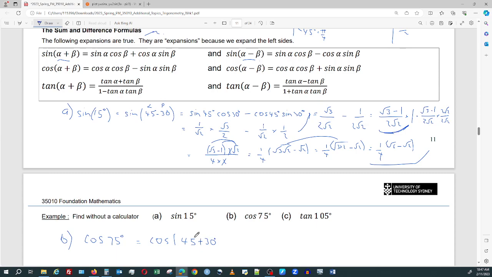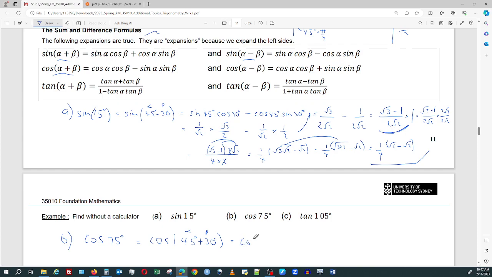So there you go. Guess where it's leading? Exact values tree. So cos plus, it's this one. You can do your alpha, beta if you need to name them.